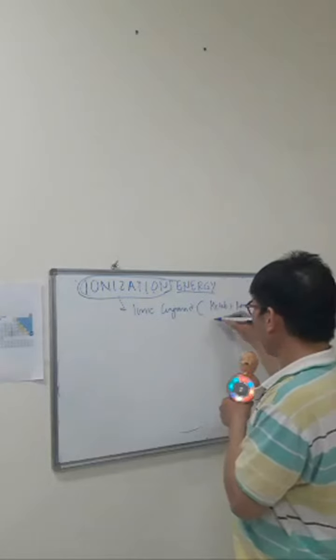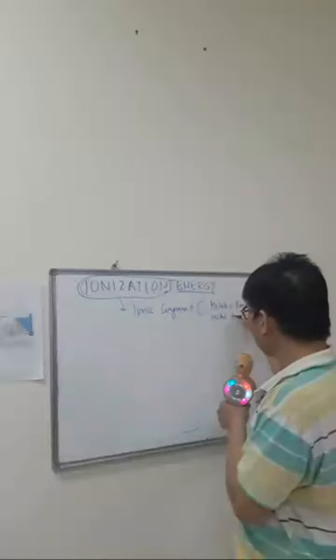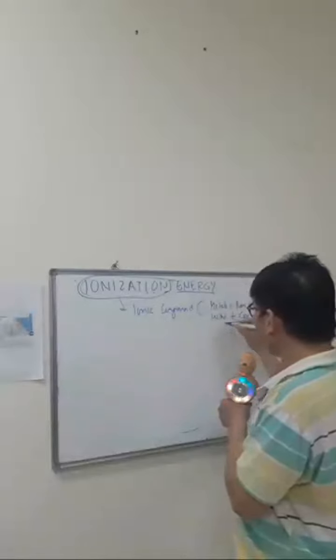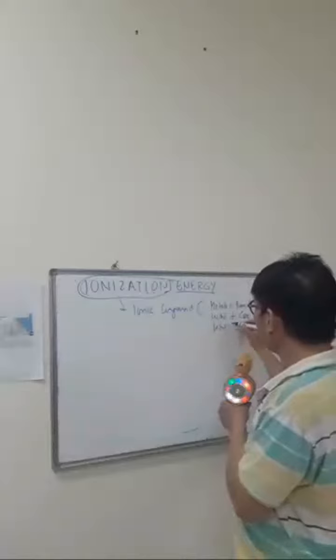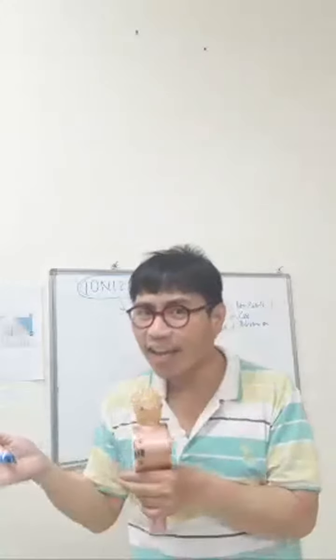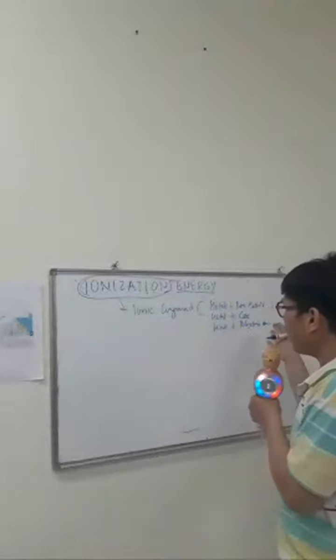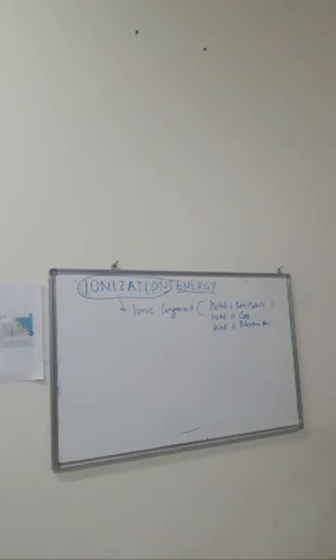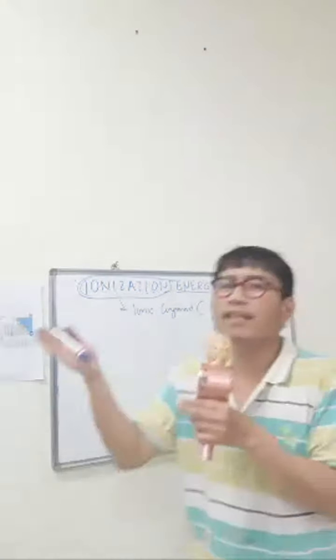And then metals plus gases, or metals plus polyatomic ions. Because polyatomic ions are also non-metals, but not gases. In my general formulation of ionic compound, metals plus non-metals, non-metals are not limited to gases, also polyatomic ions.